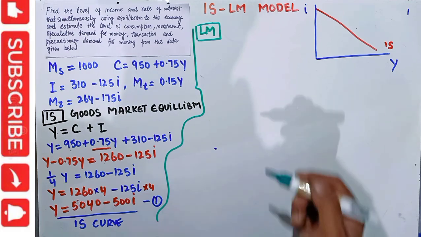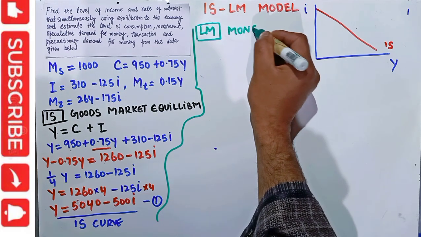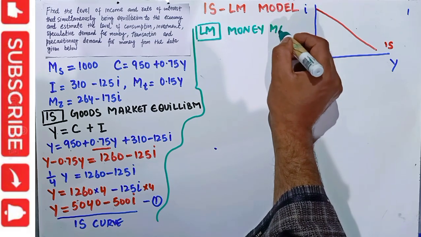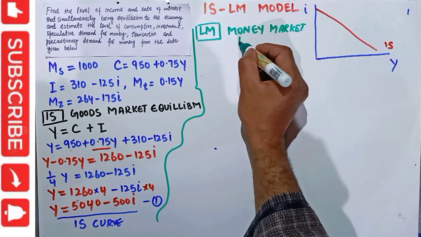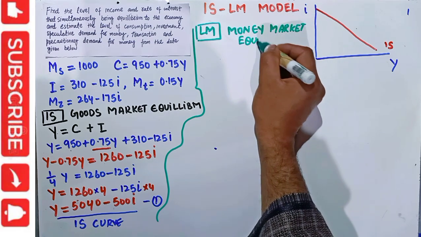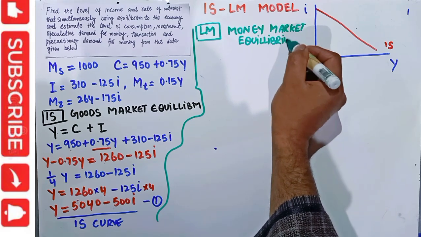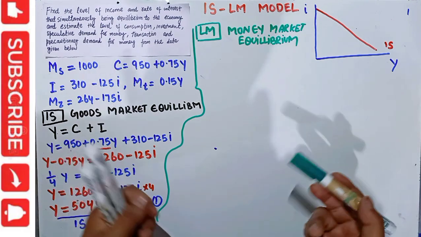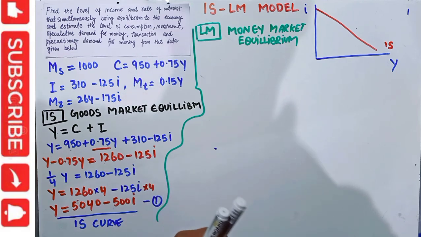It simply shows us the money market equilibrium. Money market is in equilibrium when demand for money is equal to the supply of money.